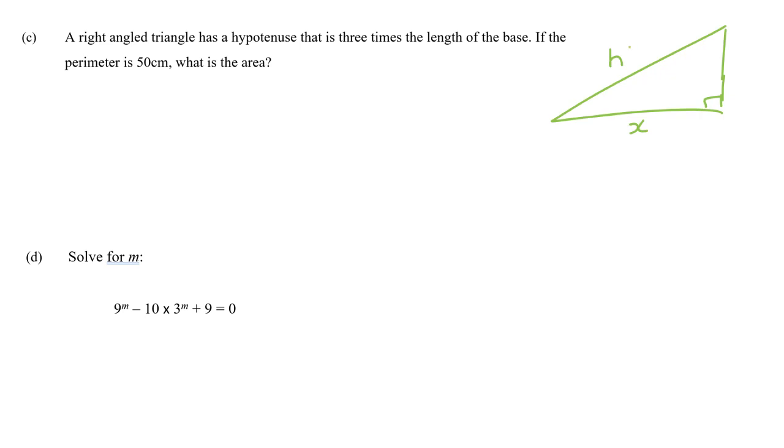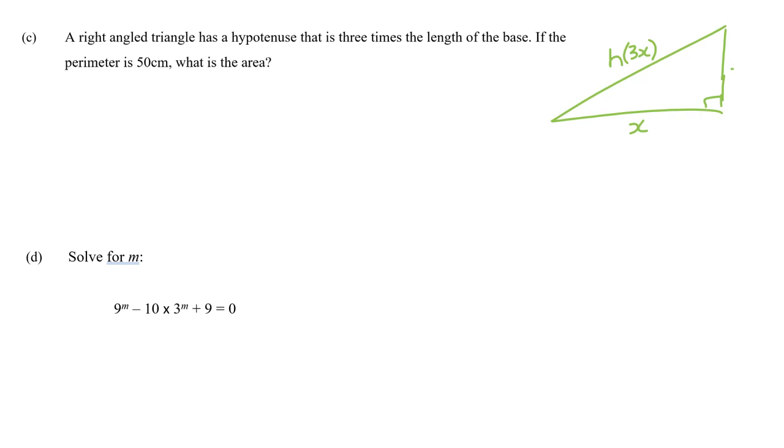So hypotenuse is 3 lots of x, is that right? Everyone happy with that statement? So this one over here must be, what's that measurement? We don't know what it is.